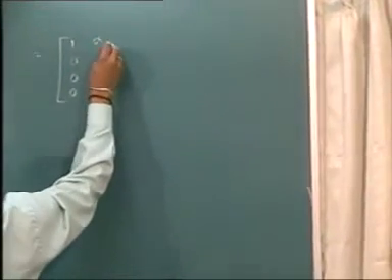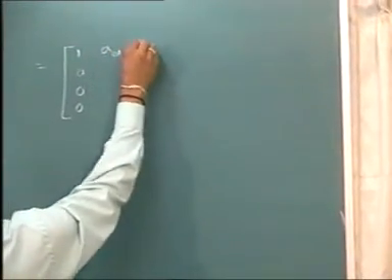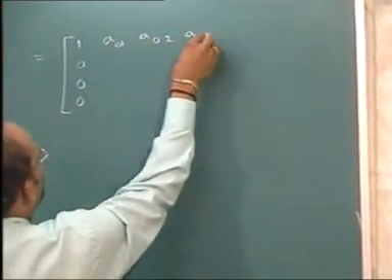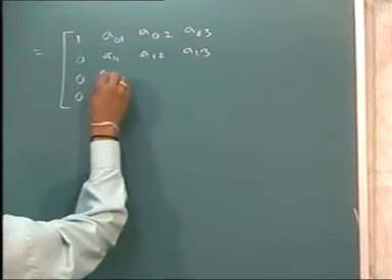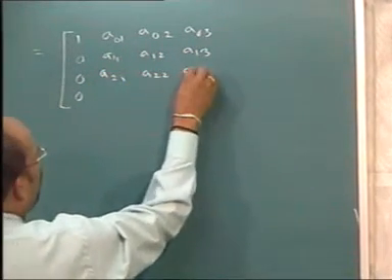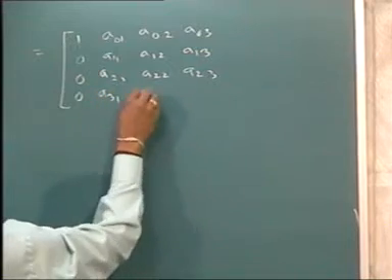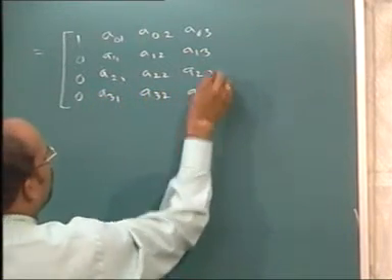This is A01, A02, A03, A11, A12, A13, A21, A22, A23, A31, A32, A33.